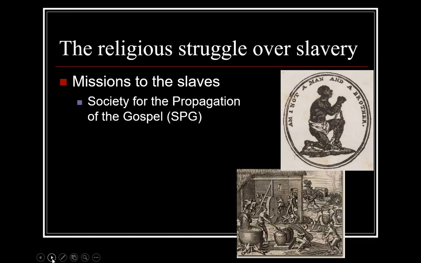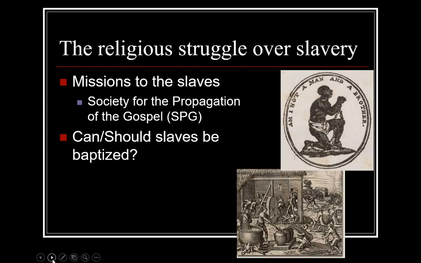That there's more of an effort from Anglicans than from other groups, even those groups that tended to be anti-slavery. That will change in the middle of the 18th century. But essentially here you have these efforts to start, from a Protestant standpoint, evangelizing slaves. But the question arose, should we baptize these Africans?